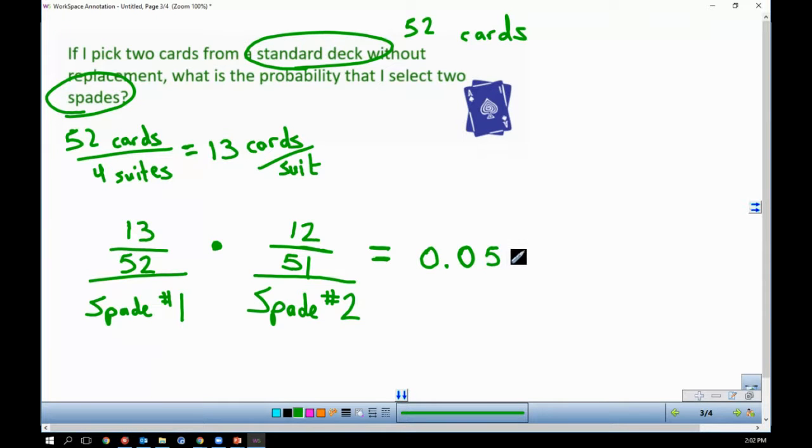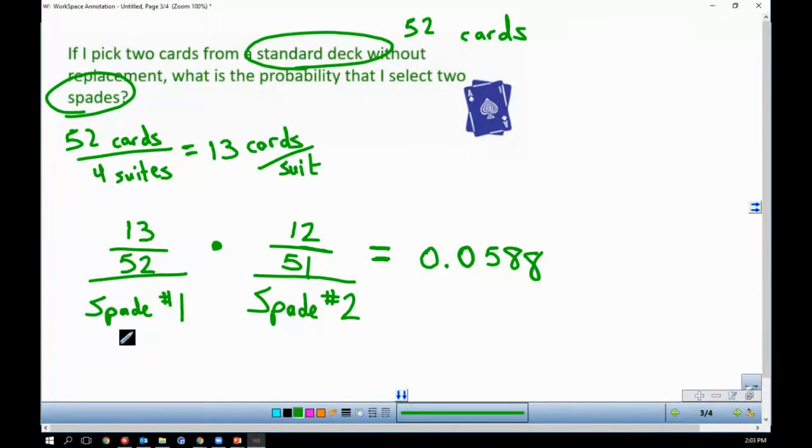0.05. Does this make a little bit more sense now? And so this is when you take one out and you don't put one back. That's right.